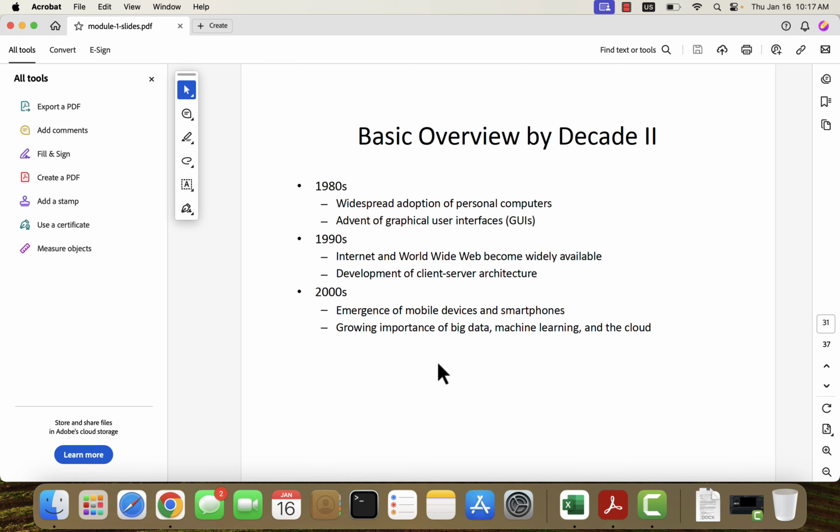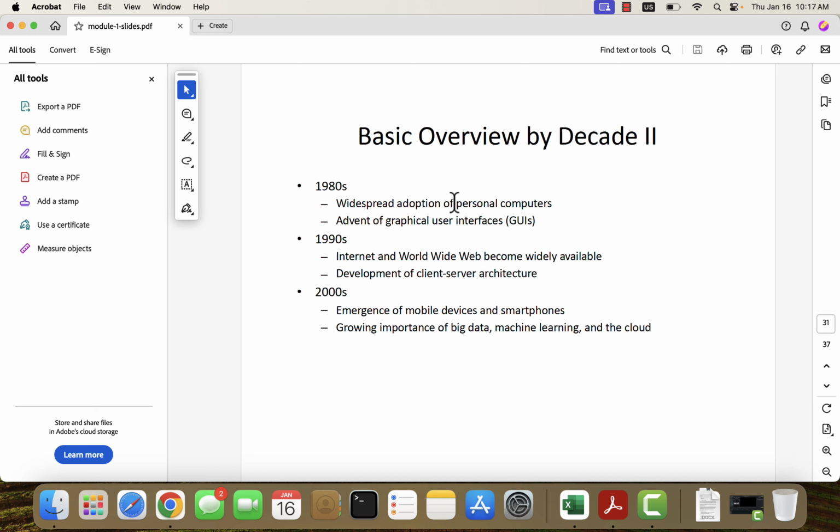And then in the 80s, we had the widespread adoption of personal computers. Now we're talking about personal computers, right? Computers that you can have at home. Obviously, this was only possible because of the creation, design, and deployment of the Macintosh computers and also the Windows operating systems, right?